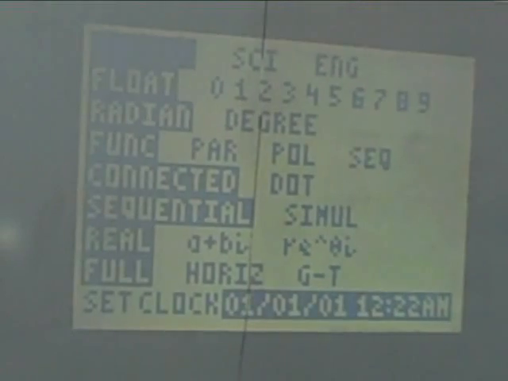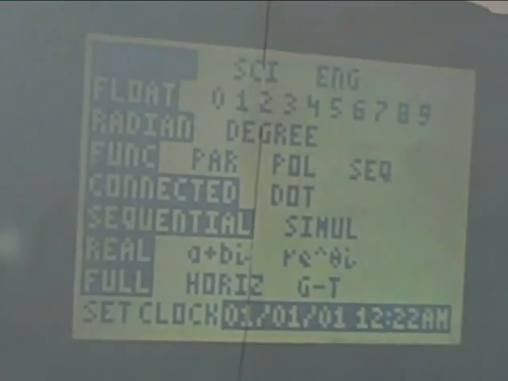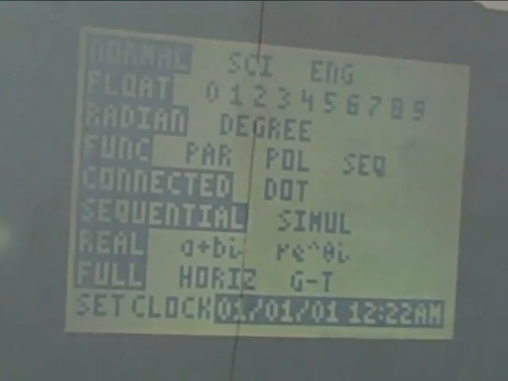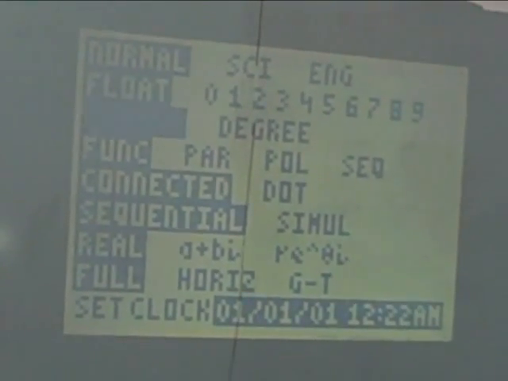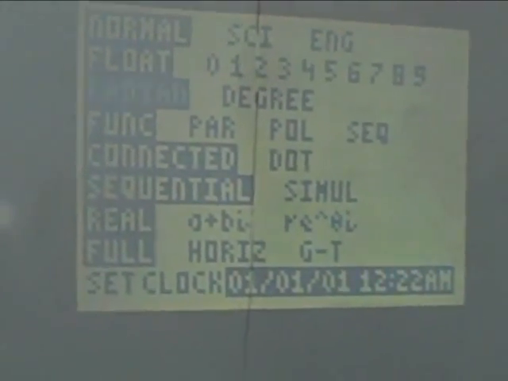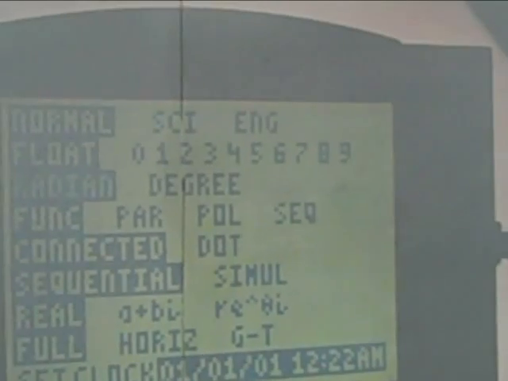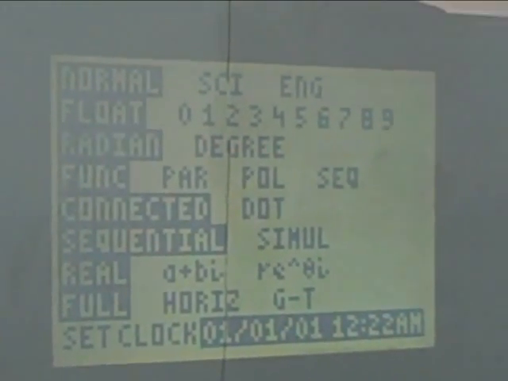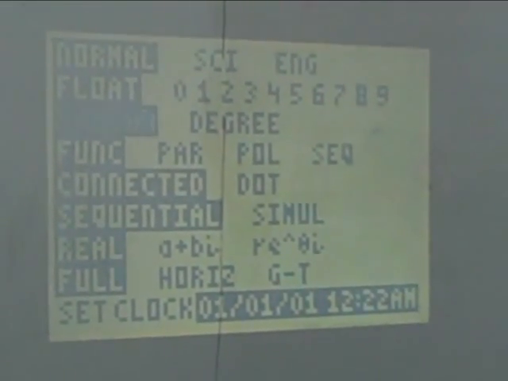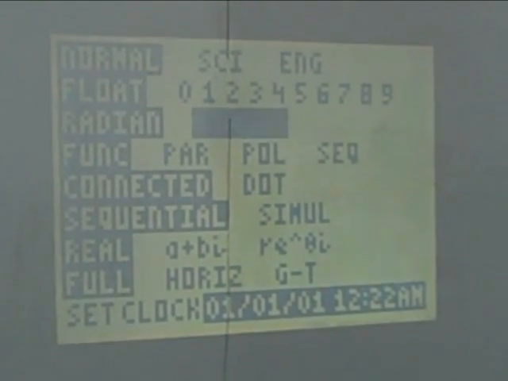Now, what I want you to do is press the mode button, and you'll get this screen right here. You notice, if you scroll down 2 places, you'll see the word radian flashing. Now, this is your default on the calculator. Your default is that it's in radians. But to the right of it, you see the word degree.